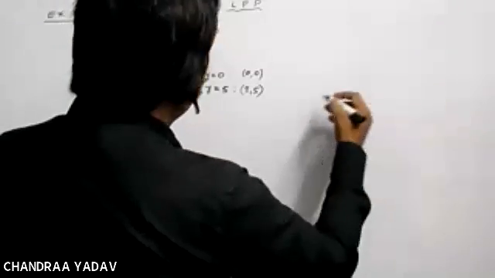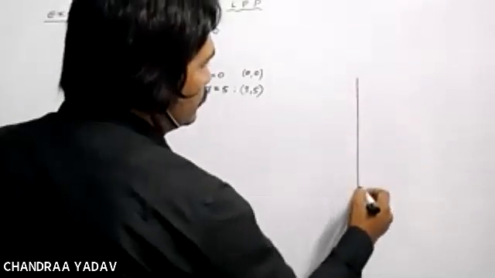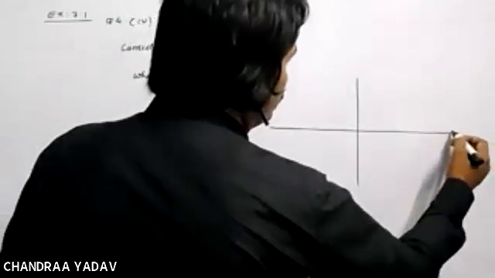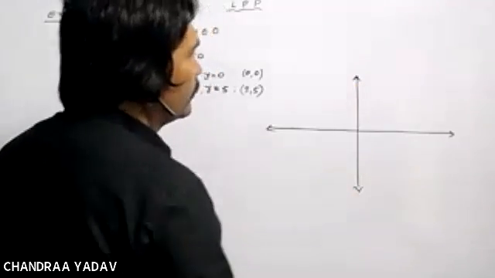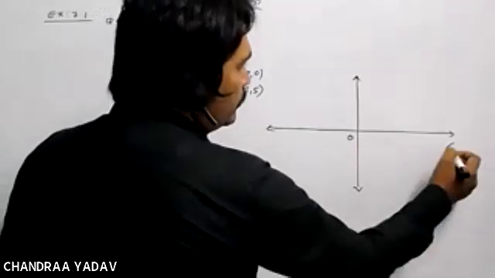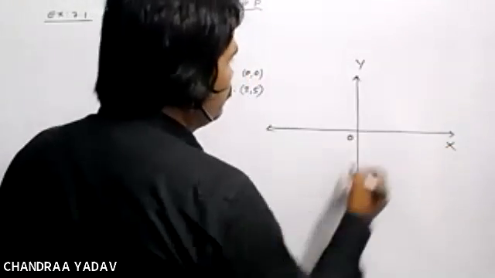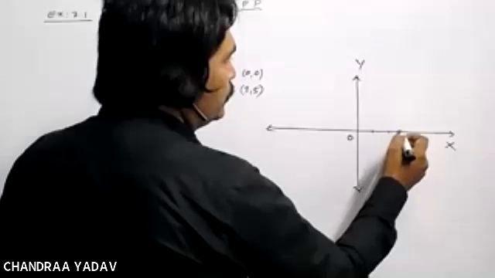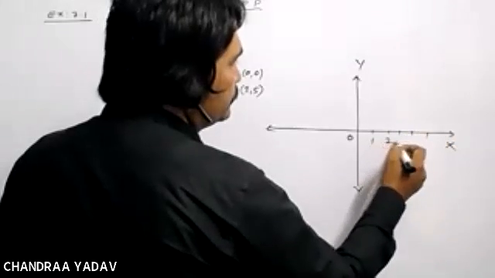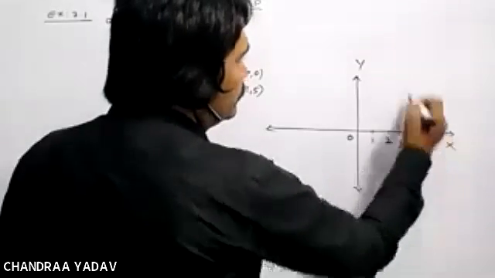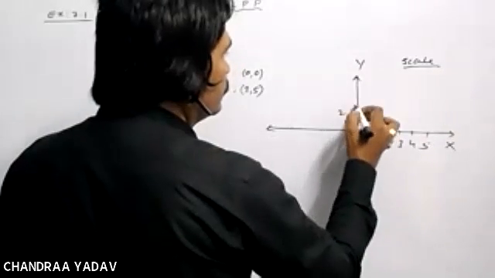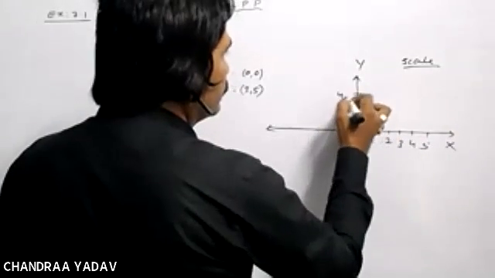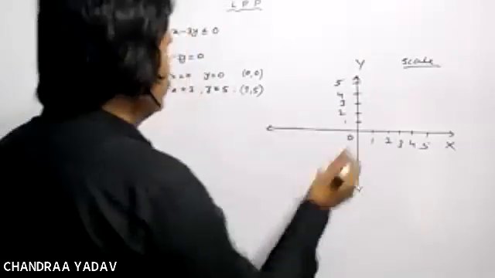Let's draw the graph first. This is the origin, x-axis, y-axis, 1, 2, 3, 4, 5. Do not forget to write the scale.